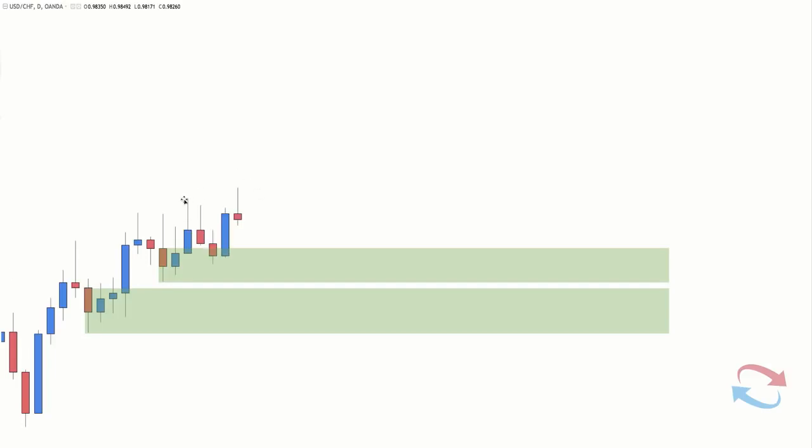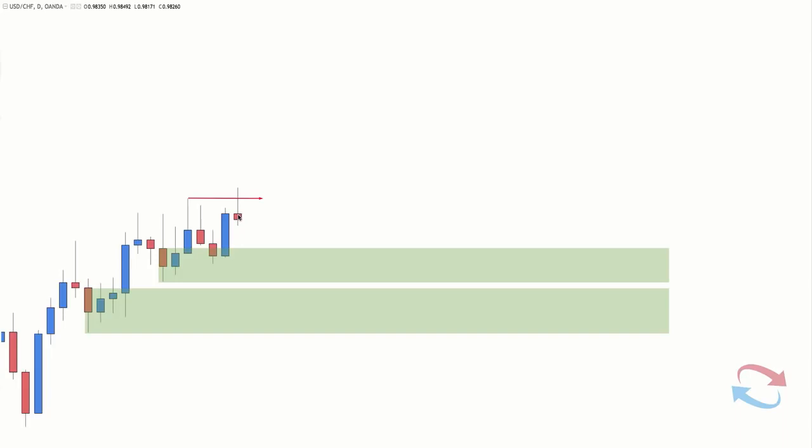Now we get a situation I previously spoke about when it comes to drawing demand zones, where a new high is being made, but it's not a bullish candle, it's actually closed bearish.